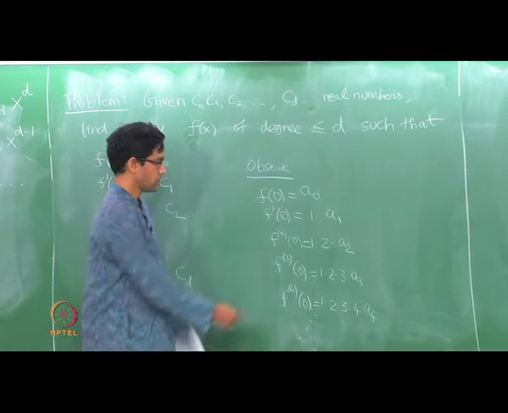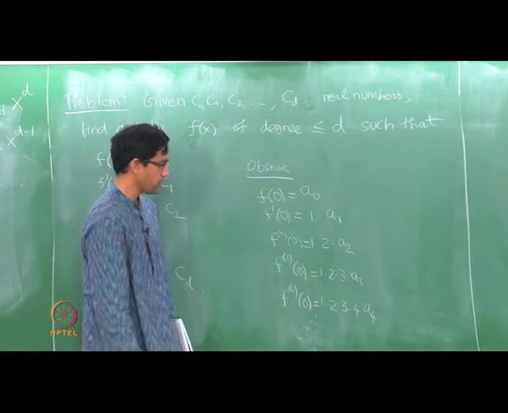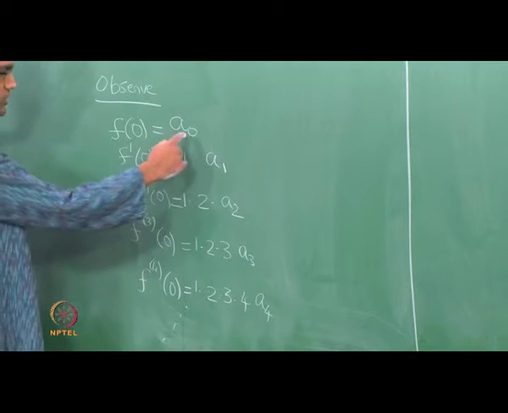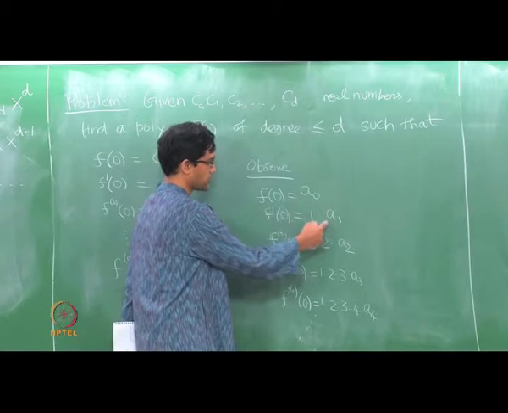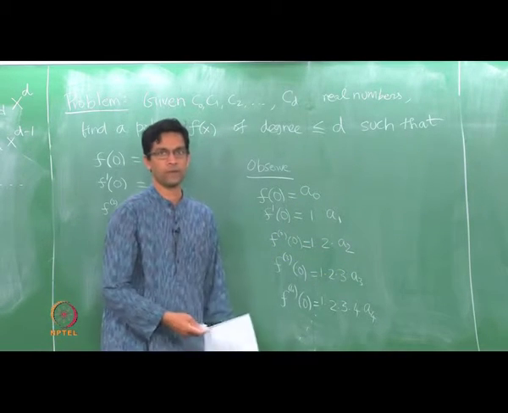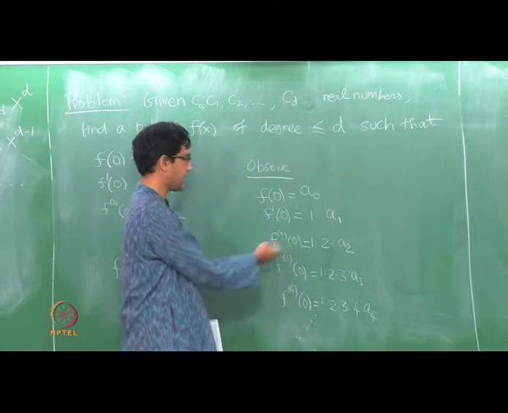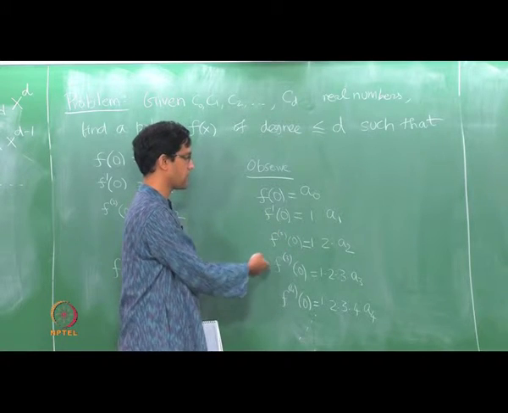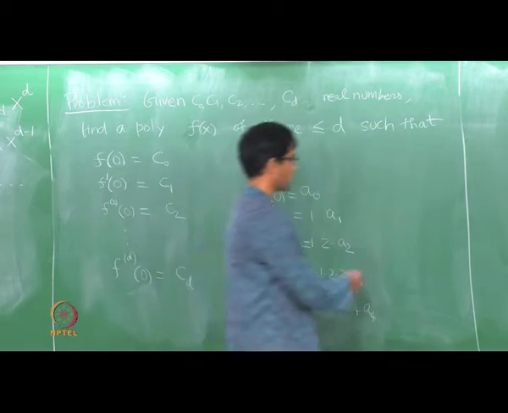Okay. So, what we gather from here is that in fact these coefficients a0, a1, a2, a3 and so on are just directly obtained in terms of the values of the higher derivatives at 0. So, what do we conclude?